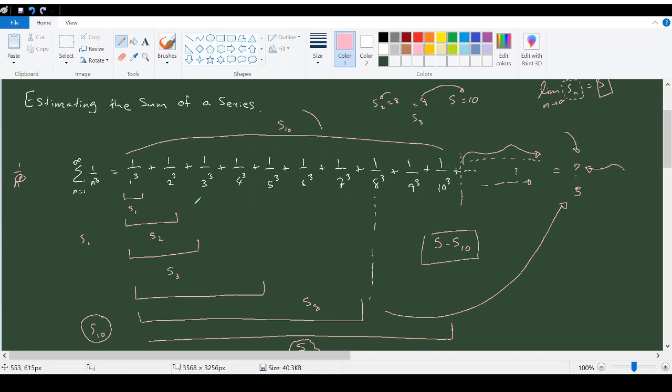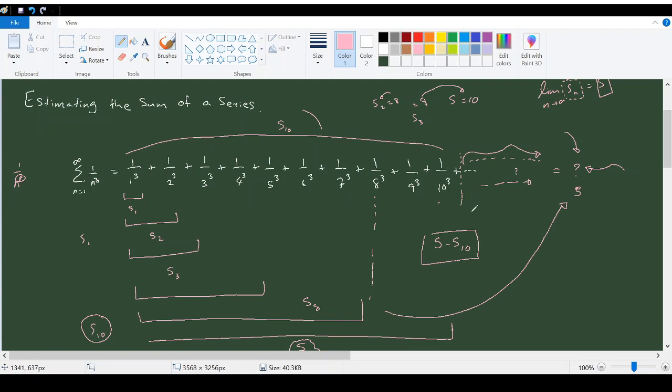So S10 means the addition of all the terms up to the 10th position, and S means the total answer of all these infinite terms. S minus S10 will be the value of the addition of all these infinite terms starting from here.